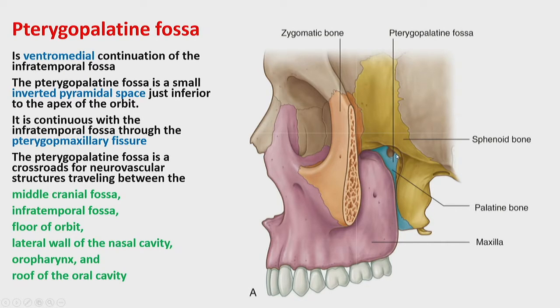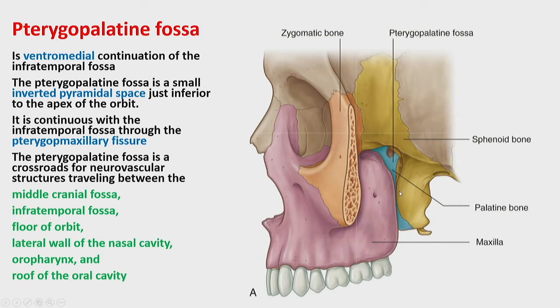And through this sphenopalatine foramen, it passes. If you had a wire and you put inside the sphenopalatine foramen, you go to the nasal cavity. So it passes sphenopalatine artery and posterior superior nasal branches. So it's connecting with the nasal cavity.